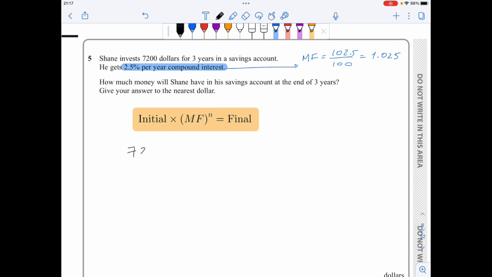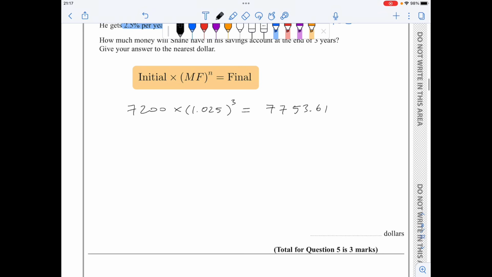So 7,200 times 1.025 to the power of 3 will give me the final amount, which is 7,753.61. And if I round this to the nearest integer, I get 7,754.